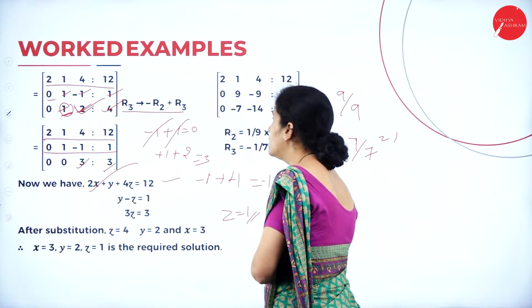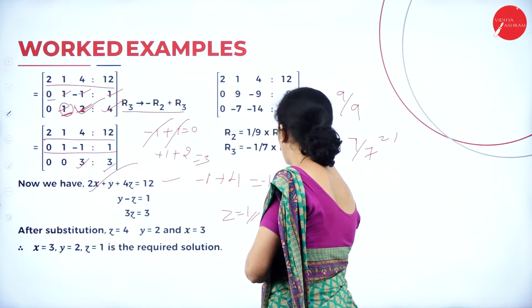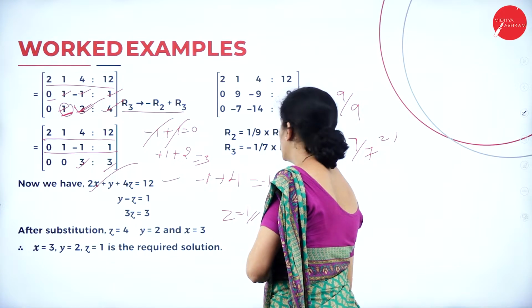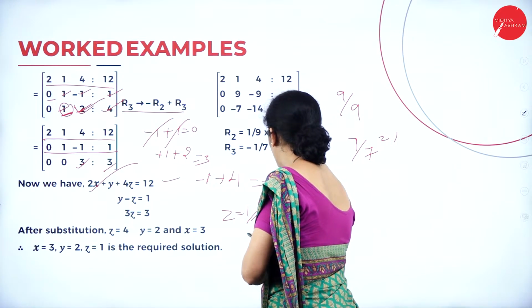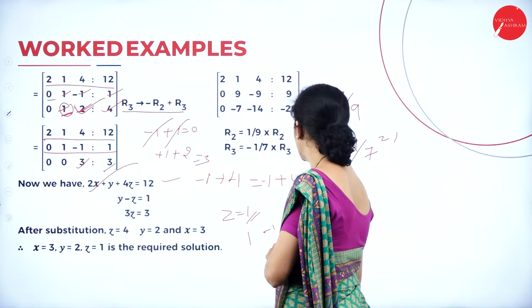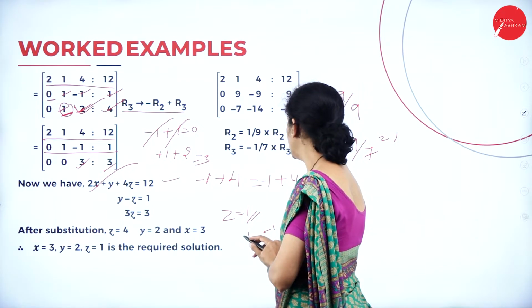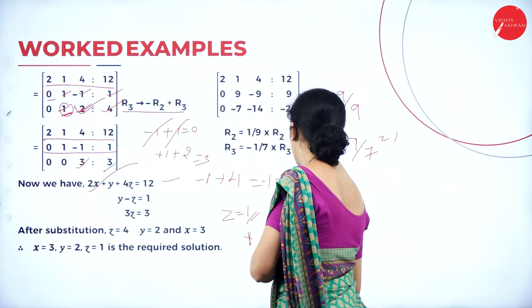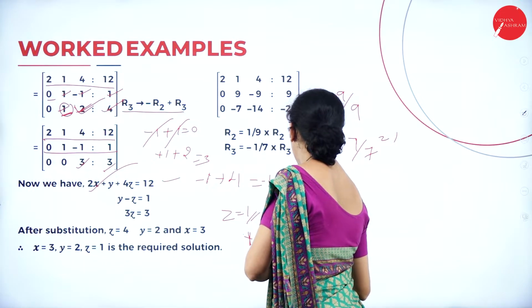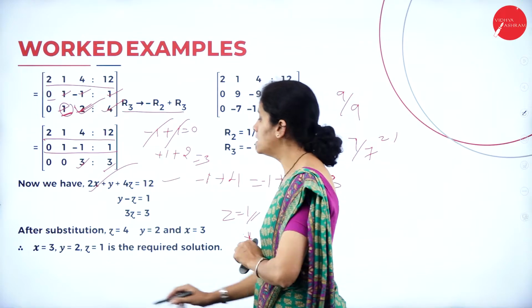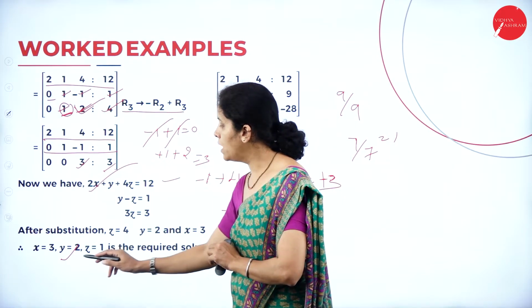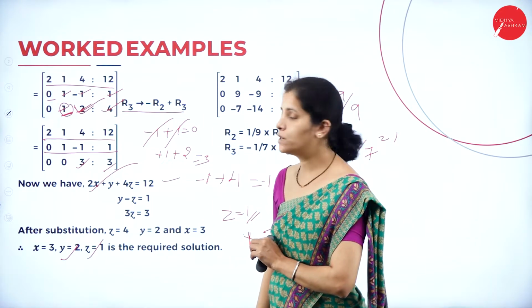Now I got z equal to 1, so y minus 1 equals 1. Here it is my y. Y equals 1 plus 1, it is 2. I got y equal to 2 and here I got z equal to 1.